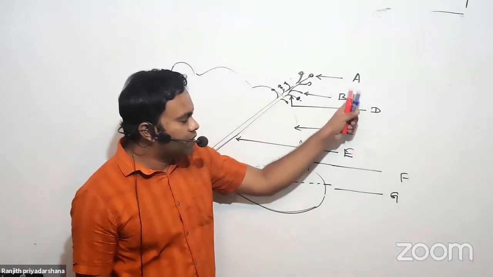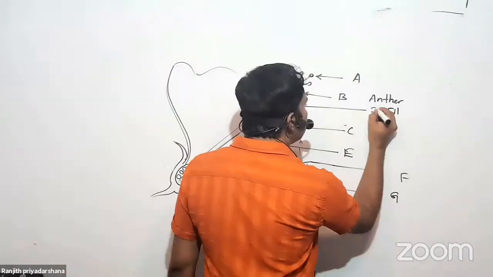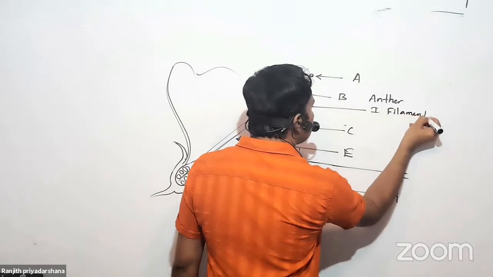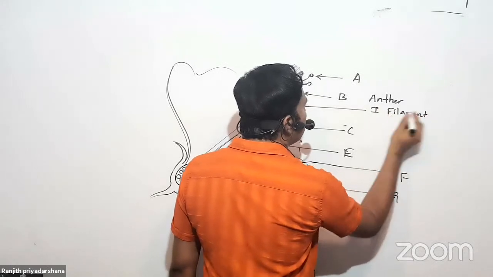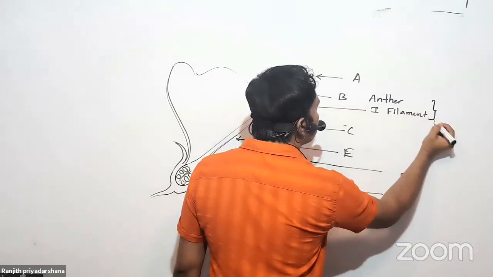Then this is anther. Okay, anther. Filament. So all together, this is called what? Androecium. Okay, so I'll write here androecium.